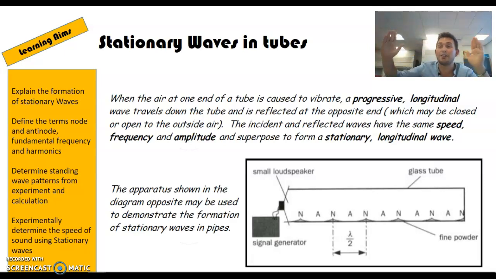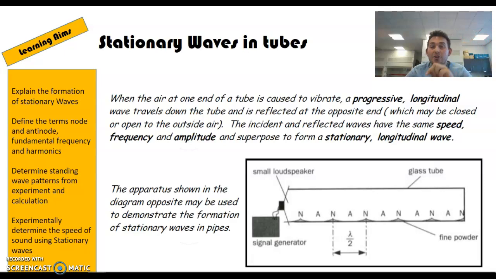Now that reflected sound, if we've continually got a speaker emitting new sound, will interfere and there'll be points where it's going to be slapping into each other, creating nodes, and there'll be points where this is on its rarefaction stretch, and this is on its rarefaction stretch, and they're going to add up.